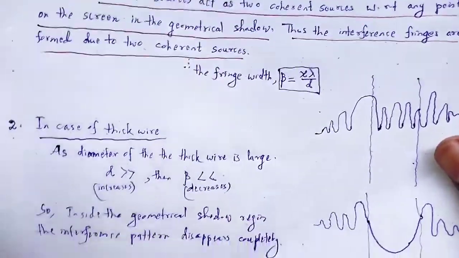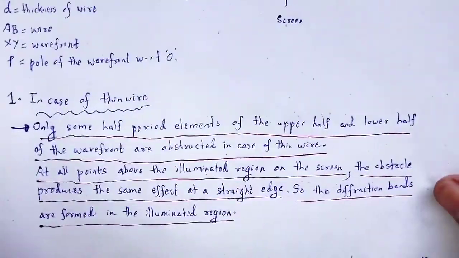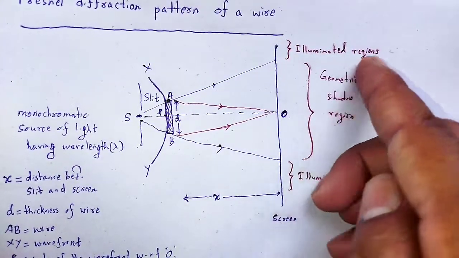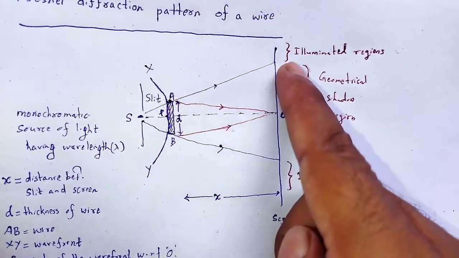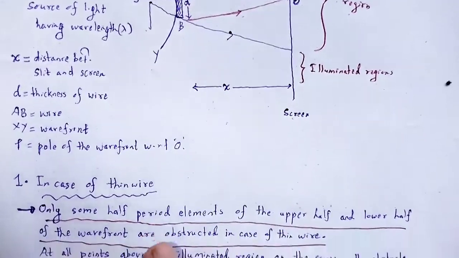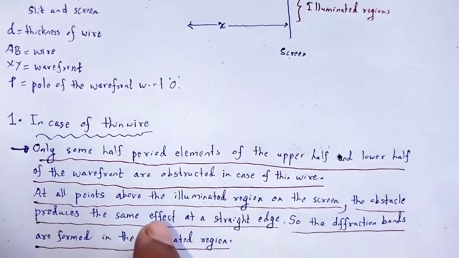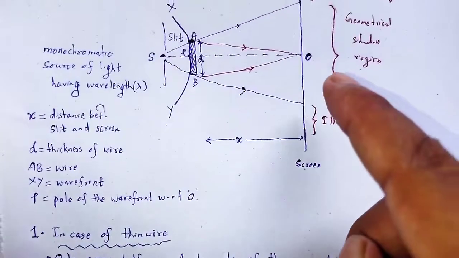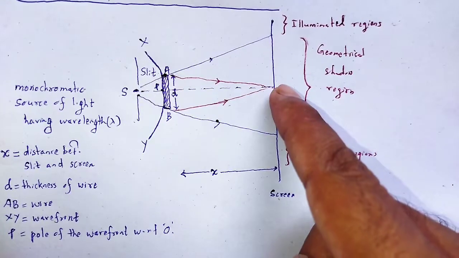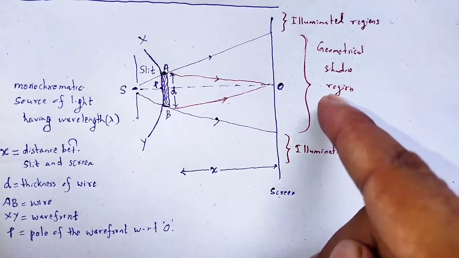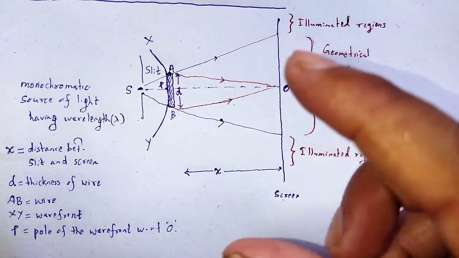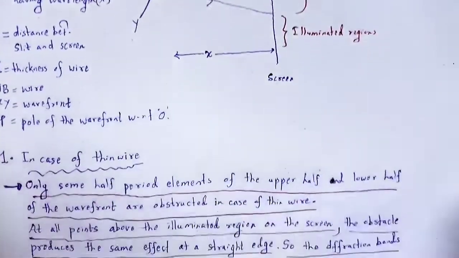In case of a thin wire, we have the diffraction pattern at the illuminated regions due to the concept of the straight edge using Fresnel's theory of half period zones, and again interference fringes inside the geometrical shadow region as A and B act as two coherent sources.